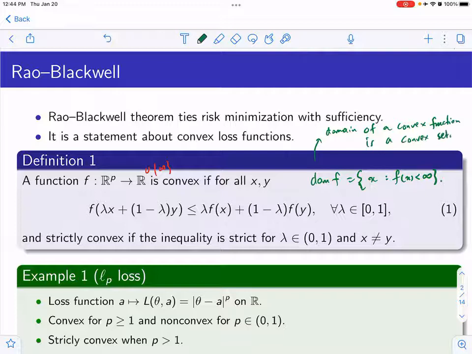So this is one other connection. The first connection that I mentioned is basically defining convexity of functions in terms of convexity of sets. The other one is that once you have a convex function, the domain is a convex set. This you can verify from the definition of convexity and the domain.